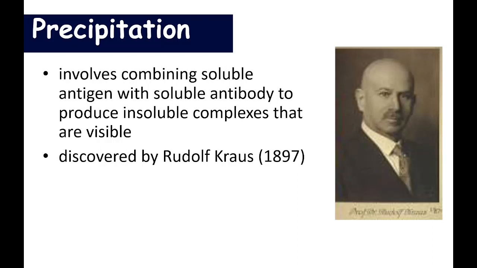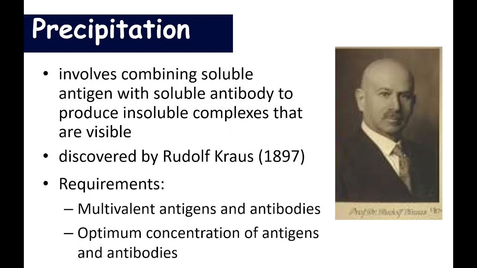For precipitation to occur, basic requirements must first be met. Number 1, both antigens and antibodies must be multivalent. So antigens must have multiple binding sites, and antibodies involved in precipitation must have at least 2 binding sites, so that would be IgG.